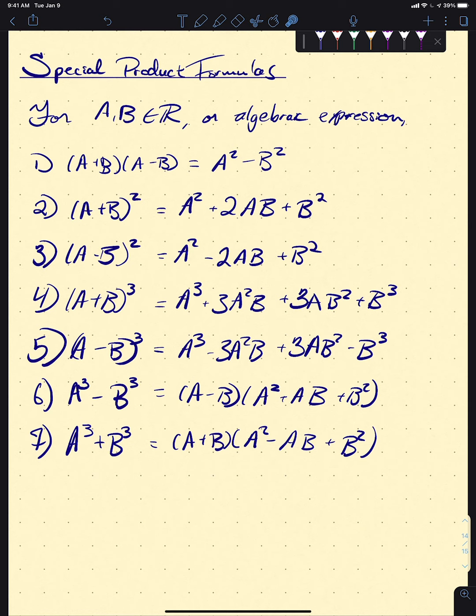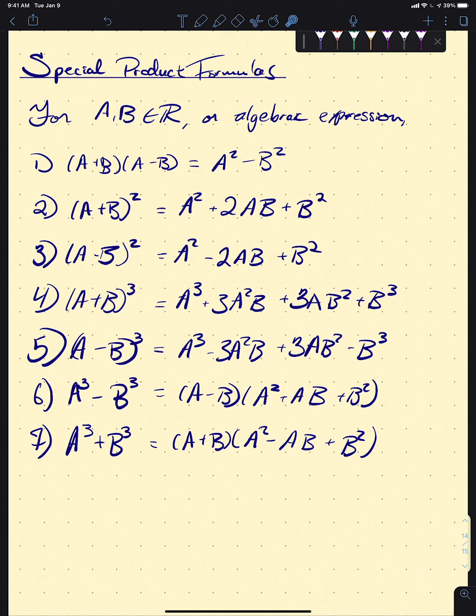You won't ever be directly tested on them, right? You won't get a quiz that's like, expand this. But they will come up throughout the quarter, and it will pay you back well in time if you can just recognize these as each other.